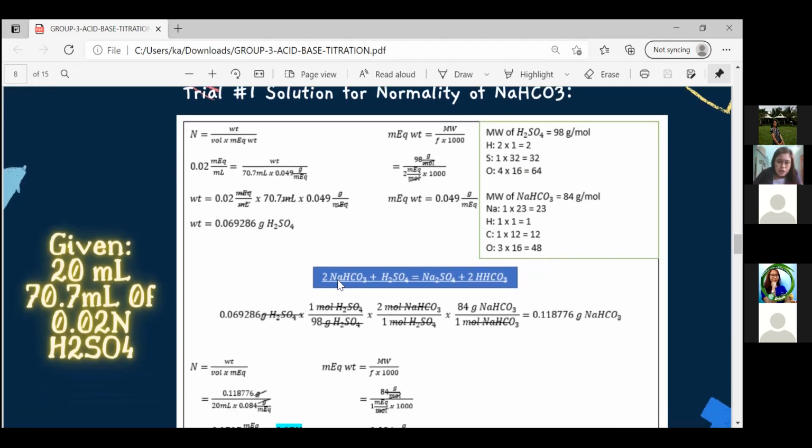We have sodium bicarb plus sulfuric acid. This is just neutralization or double displacement. That is why sodium will have sulfate na. So we have here sodium sulfate plus we have hydrogen here will partner now with the bicarb.